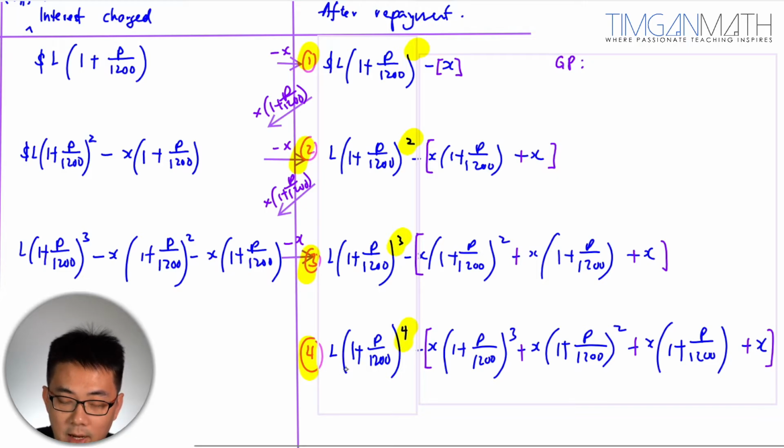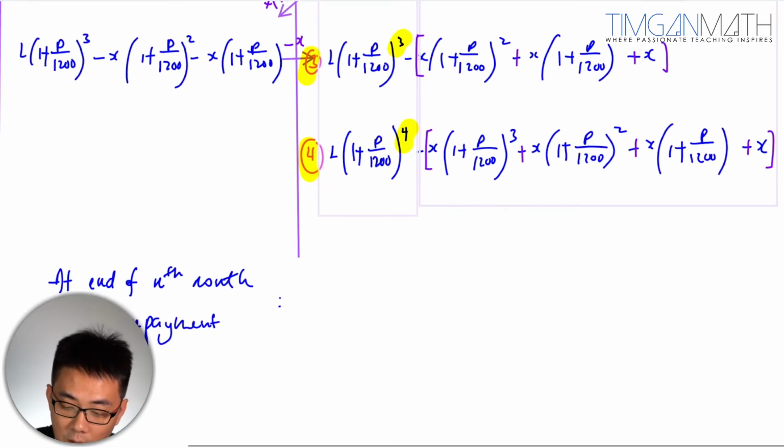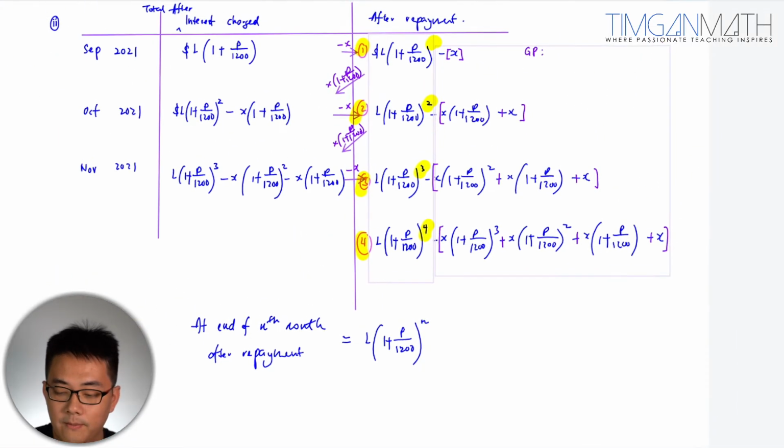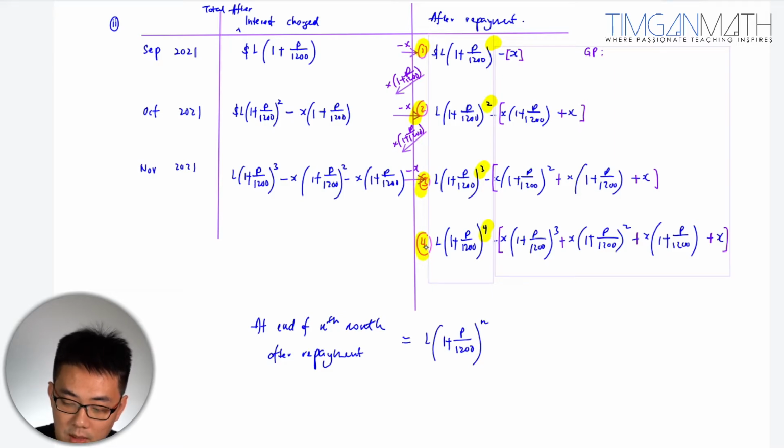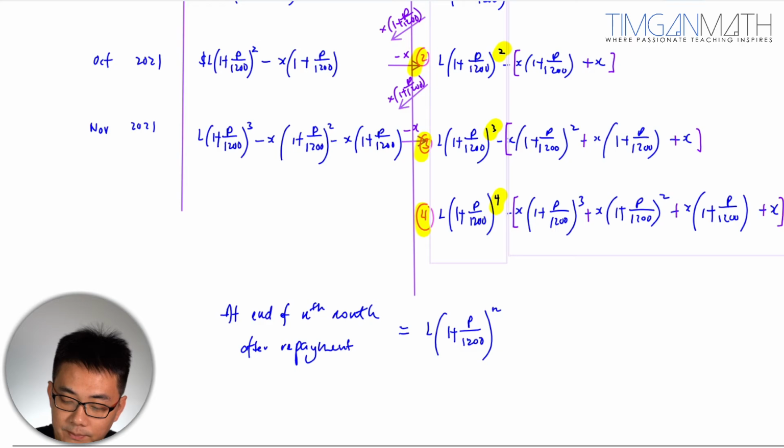So when this is 4, this is L times this whole expression to the power 4. When 3, this is L times this whole expression to the power 3. And L times the whole expression to the power 2. So when it's n, naturally, what you get is L(1 + P/1200) to the power of n. When this is n, what you expect is this will be power n.